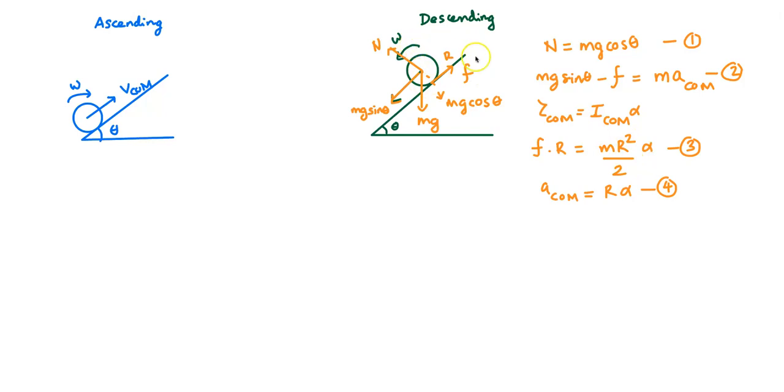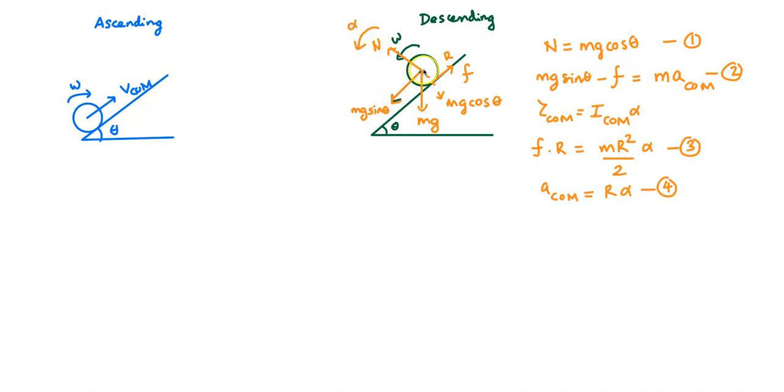just do a gut check whether this makes intuitive sense, right? So intuitively this cylinder is going to accelerate downwards in this direction, and its angular velocity is going to increase in this direction. So it's going to spin faster and faster, which means the direction of alpha is also as follows.